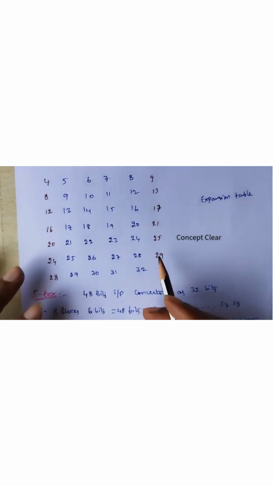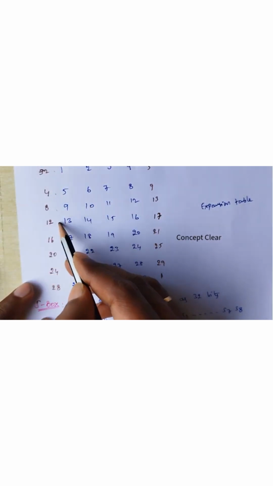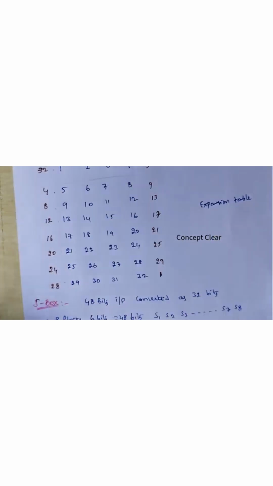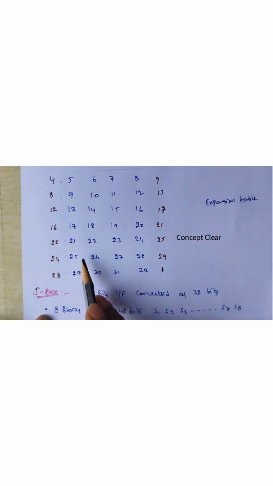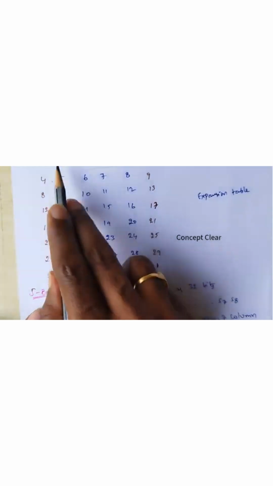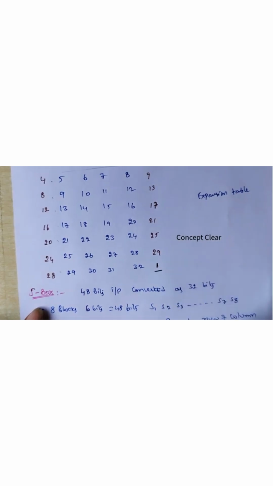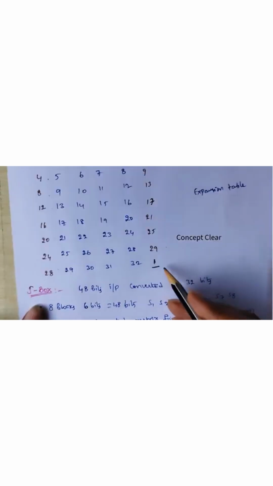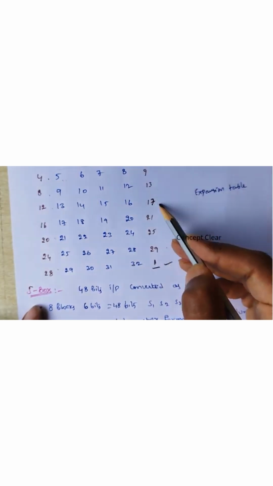Okay, here the 32 bits. Here first block, second block, third block, 4, 5, 6, 7, 8 blocks. Each block contains 4 bits. Okay, how to expand it: in the first column, we have to write the last element first, and the remaining as usual from top to bottom, 5, 9, 13, 17 like that.